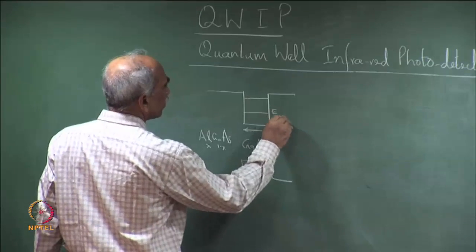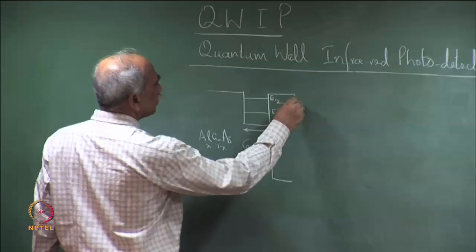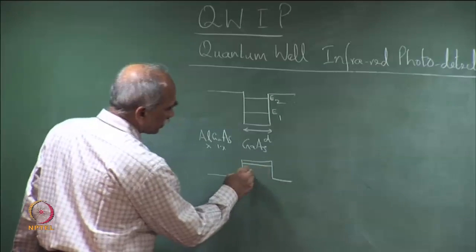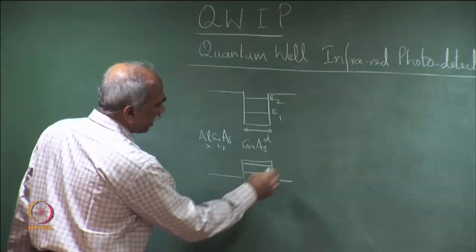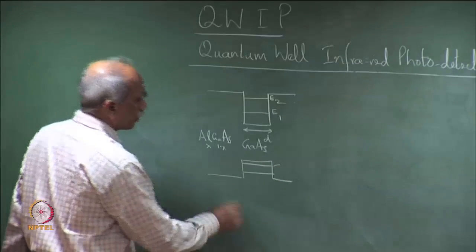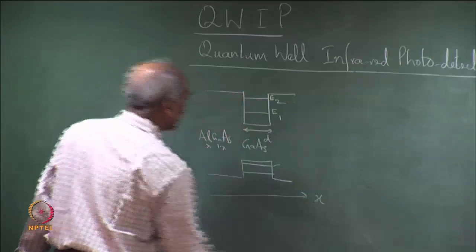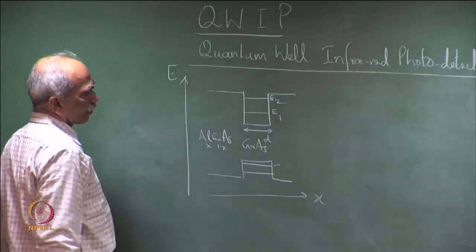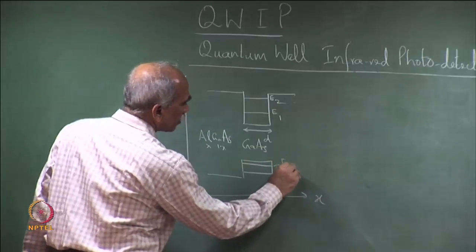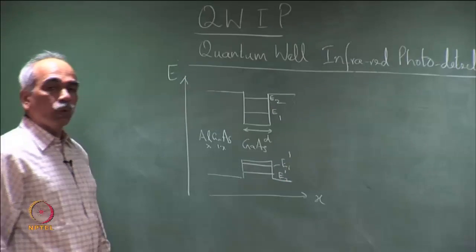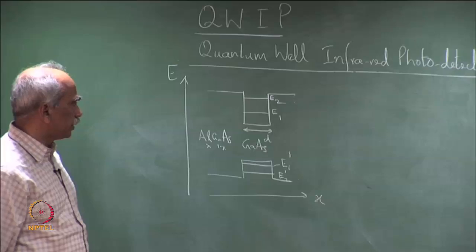So, E1 and E2, and we also have similarly energy subbands or discrete levels in 2 dimensions. This is X and this is E, and we have E1 dash and E2 dash, allowed energy levels for holes in the valence band.